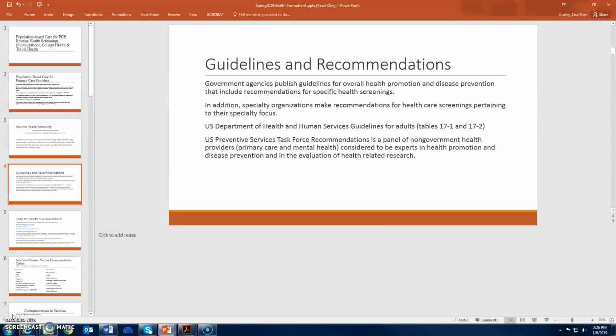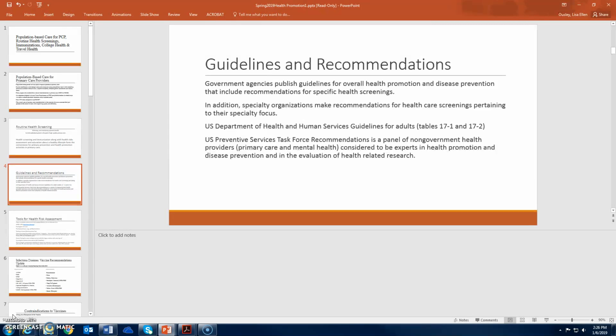Basically, patients should have a full health evaluation that includes height and weight, skin exam, appropriate evaluation of heart health, bone health, diabetes, breast health, reproductive health, colon and rectal health, eye and ear health, and oral health. I'm going to direct you to page 146 in your text, starting with table 17.1.